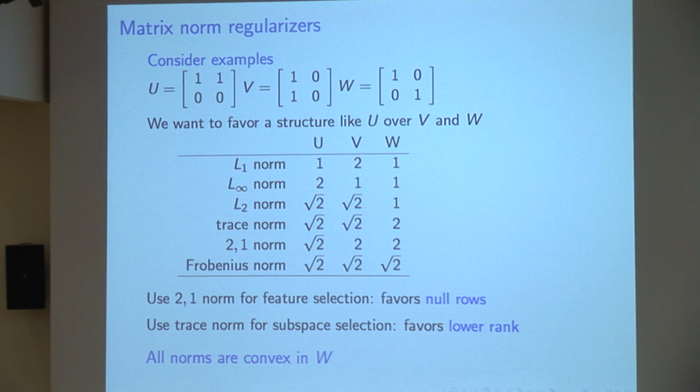Actually, the other interesting norm, which has been flying around a lot lately, is the trace norm, which here we could see actually favors these 2 guys, U and V, equally over W. And again, this is a silly demo, but what it's actually favoring is low rank. These are rank 1, this is rank 2, and a trace norm is actually a natural way to favor low rank matrices, for example, okay?